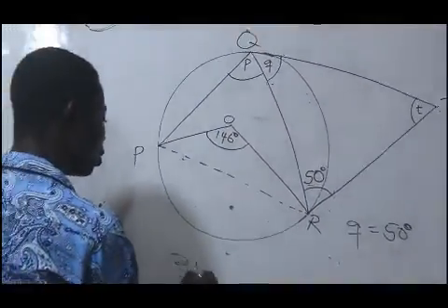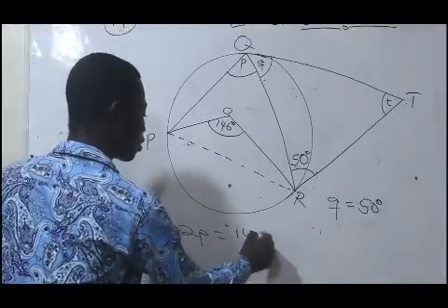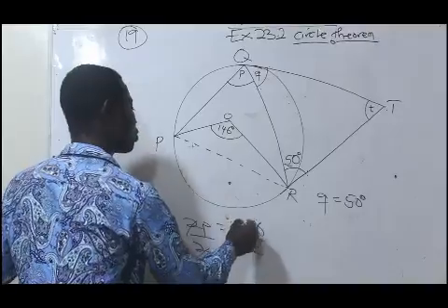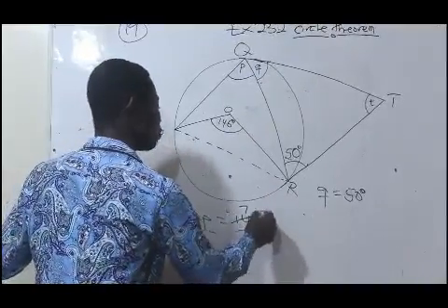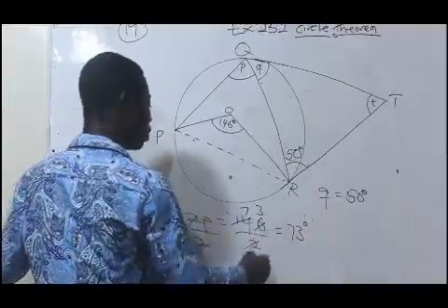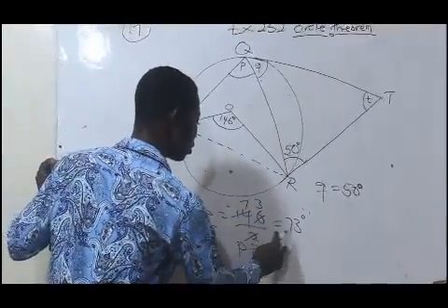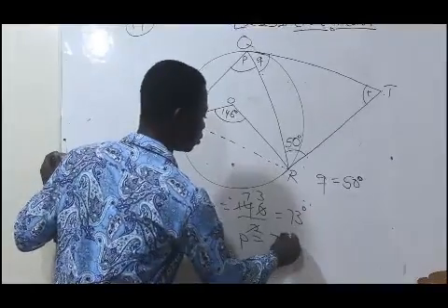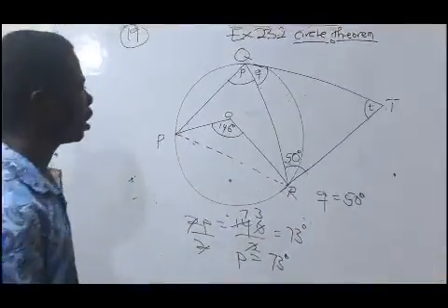So we have 2P equals 146. And divide both sides by 2. We have what? 2, 7, 14, 2, 3, 6. So we have 73 degrees. So P is 73.